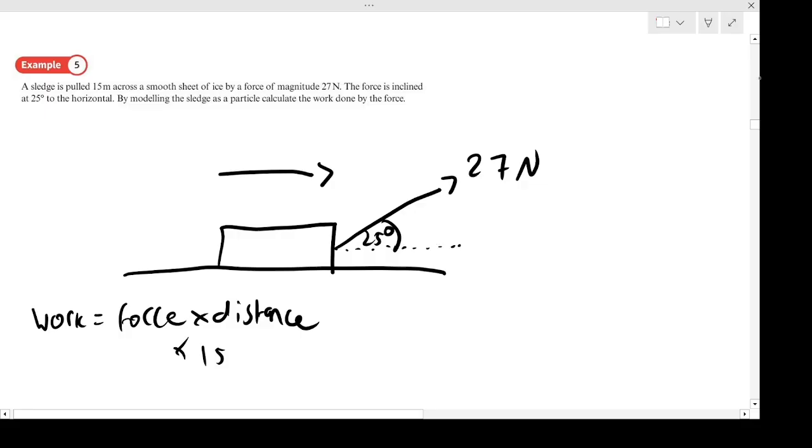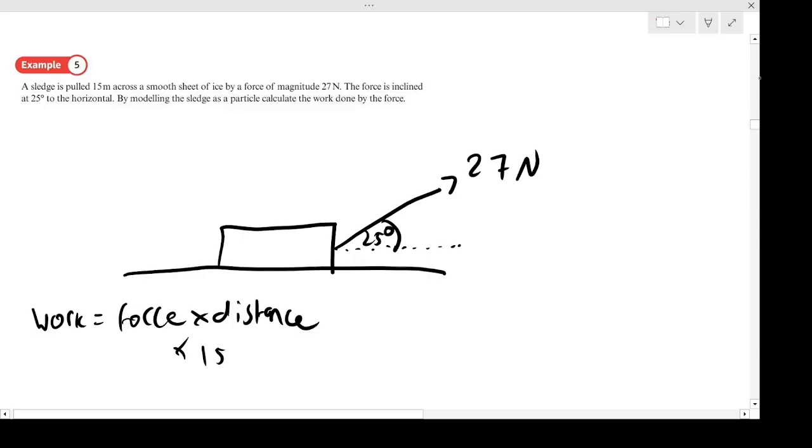What we somehow need to do then is find this line here, this force here, that's straight ahead, in the direction where the sledge is moving. What we're going to do is what we call putting a force into components. If you've done year 13 maths, you hopefully will be familiar with it.